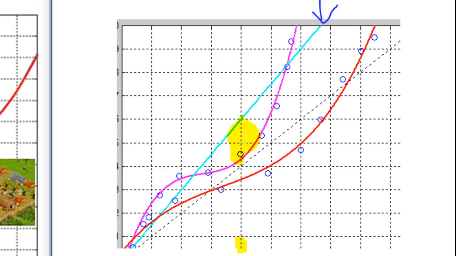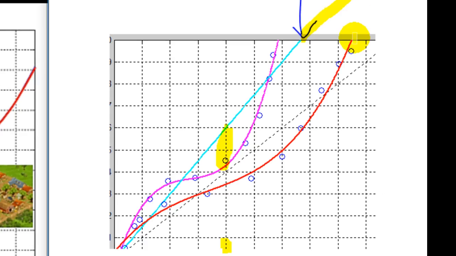The maximum profit for the bigger firm is the difference between revenue and cost, and the maximum difference for the bigger firm is, let's say, about here. So for the bigger firm, the optimum quantity that it should sell to maximize profit is about here.